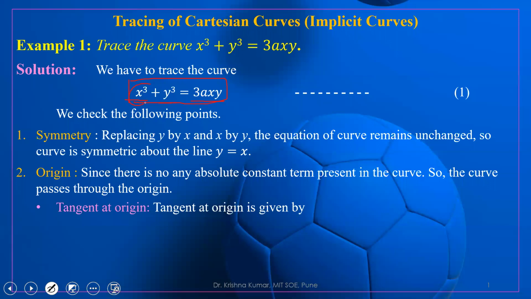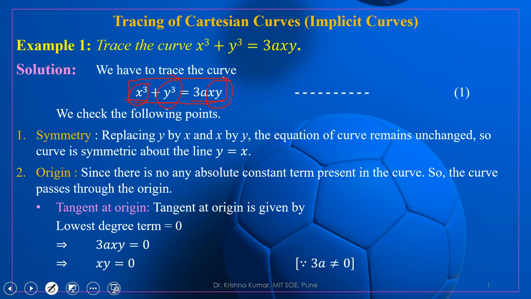The first term has degree 3, the second term has degree 3, but the third term has x of degree 1 and y of degree 1, so the total degree is 1 plus 1 is 2. So the lowest degree term is 3axy equal to 0, but 3a cannot become 0, and it is an absolute constant. So x equal to 0 and y equal to 0. x equal to 0 means y-axis and y equal to 0 means x-axis. So we are getting two different tangents at origin, one is the x-axis and another is the y-axis.